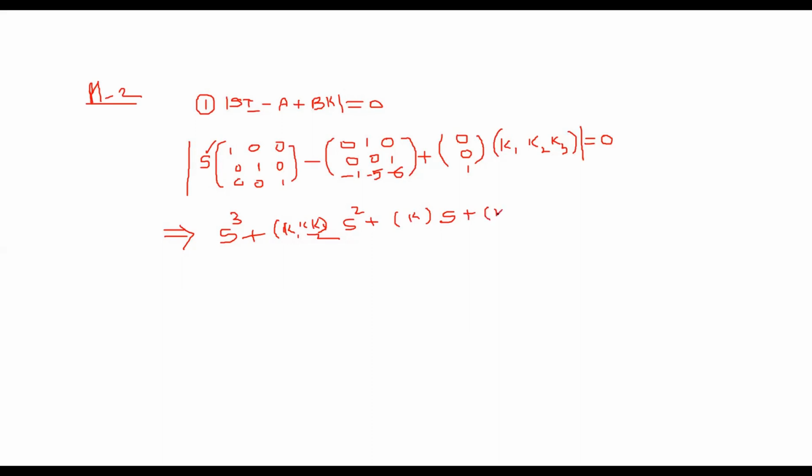Let us assume that we do this overall process, that is s multiplied with the identity matrix minus A plus BK.